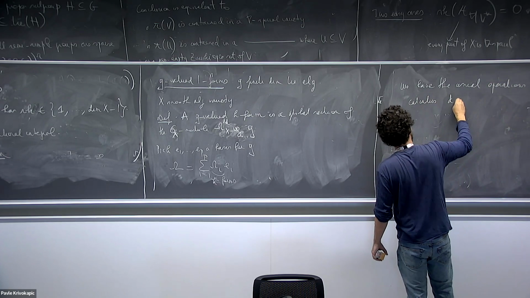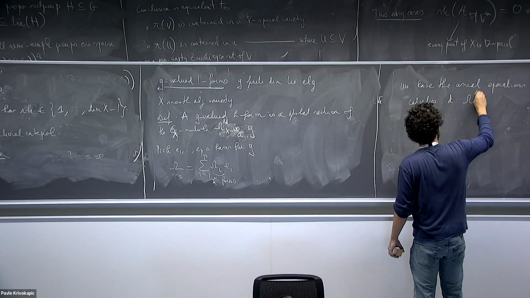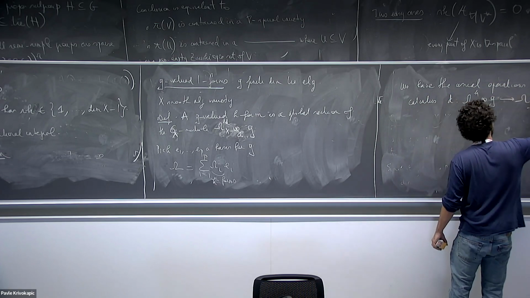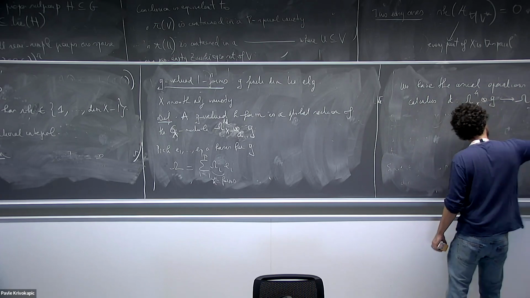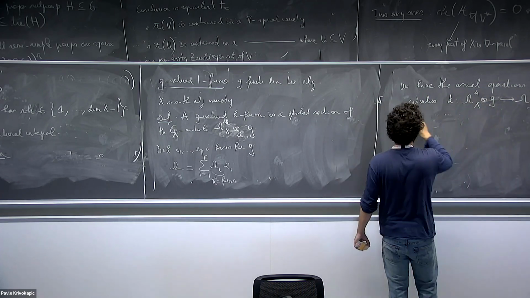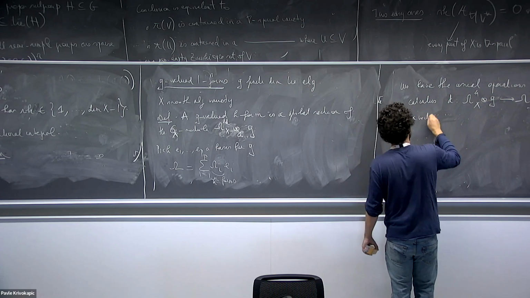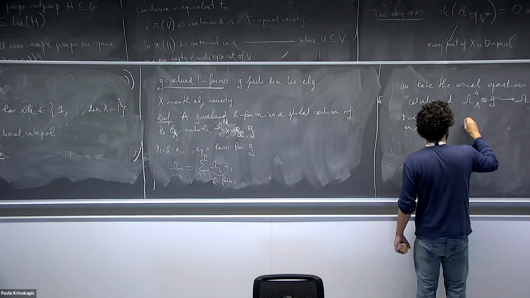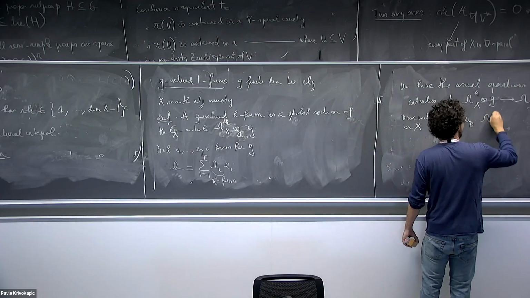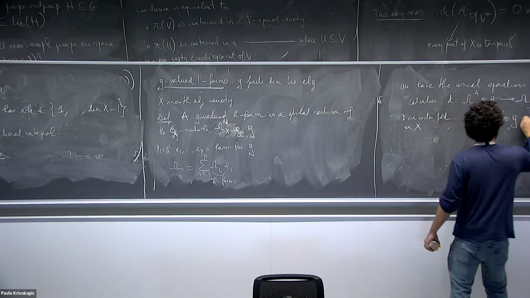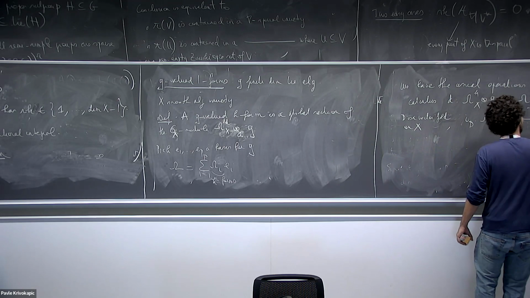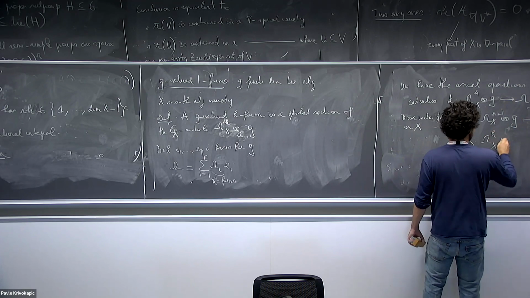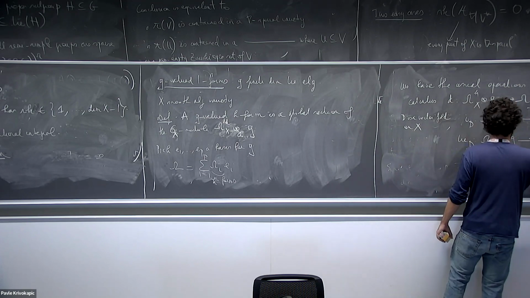The exterior derivative takes a K form and produces a K plus 1 form. If D is a vector field on X, we have the contraction, which takes a G-valued K form and associates a K minus 1 form, and we have the Lie derivative, which takes a G-valued K form and associates something of the same degree.